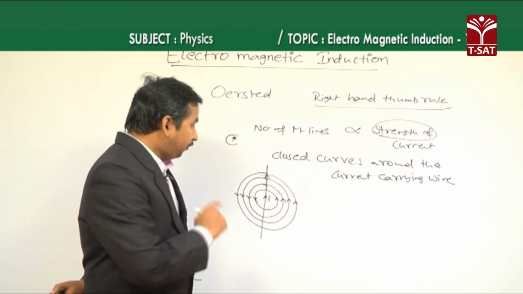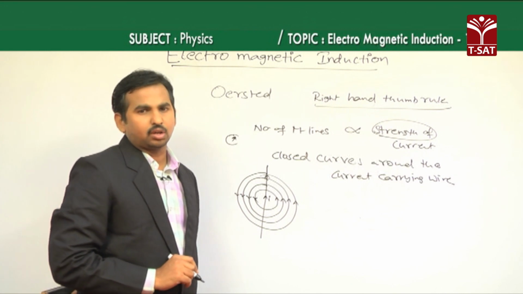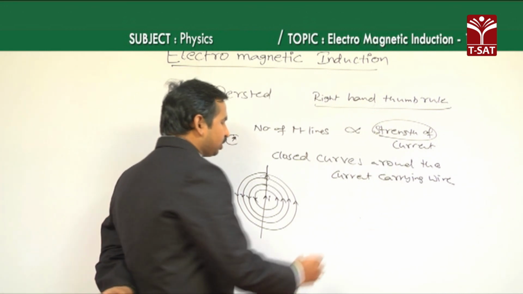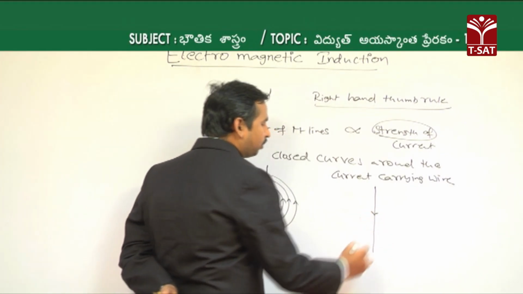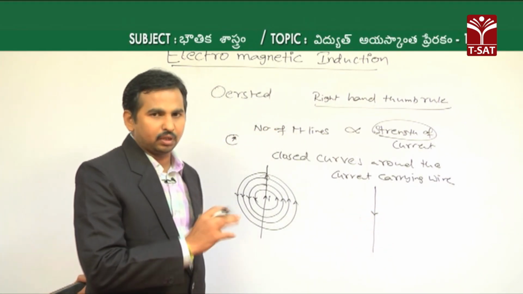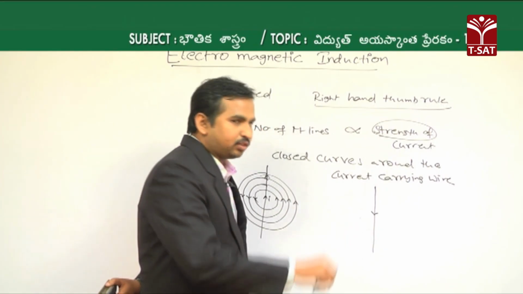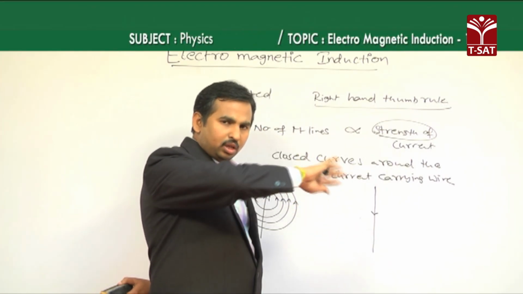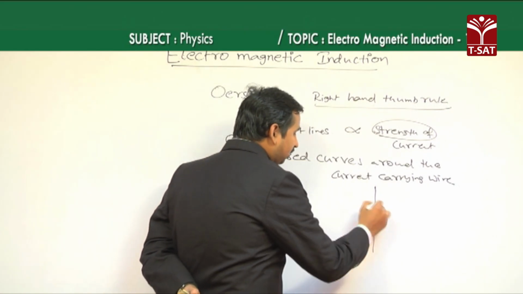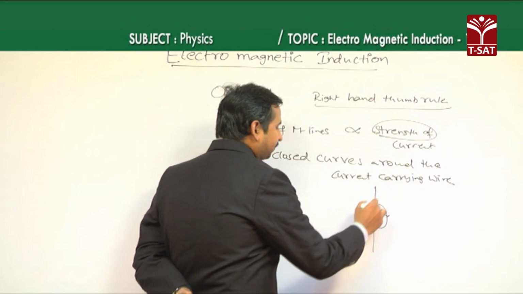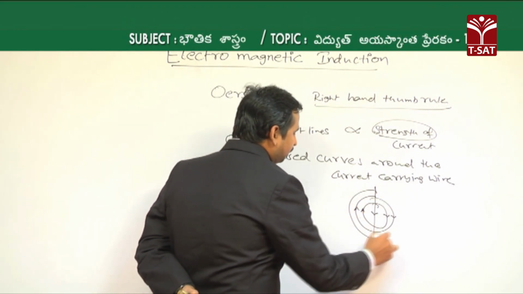Now, if you reverse the direction of current, these magnetic lines of force also change their direction. If you take the same current carrying wire with the current going downwards, into the plane, the curling fingers come in the opposite direction, a clockwise direction.